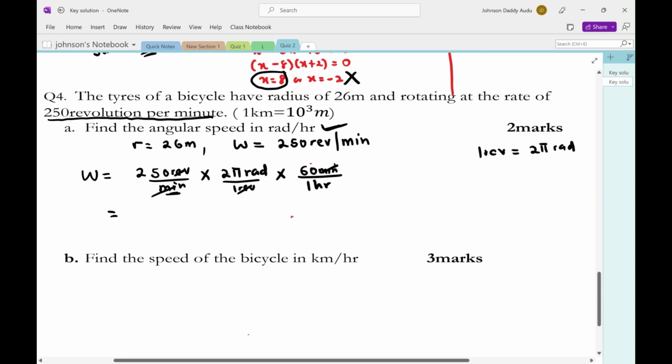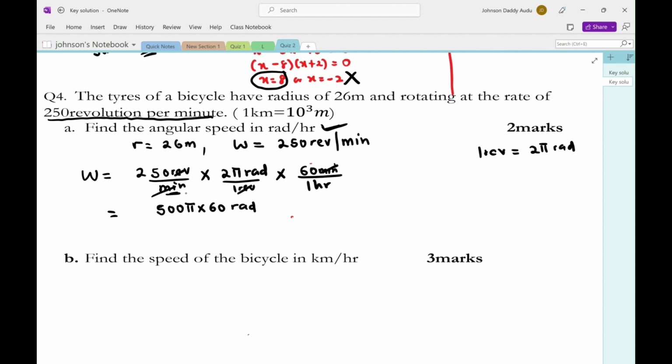So we have just 250 times 2, which is 500 pi, times 60 rad. Then in the denominator, we only have hour left. So this will give us 30,000 pi rad per hour. So this is our angular speed.